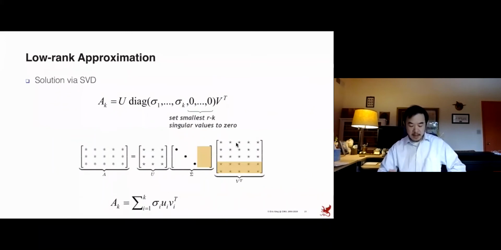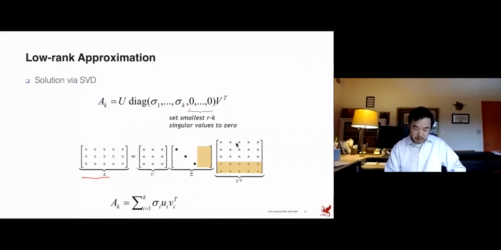In fact, you can choose the low rank based on a numerical justification, basically by setting the smallest r minus k eigenvalues to be 0. You are going to get an approximation to the original A matrix. Right? So this is what happens.